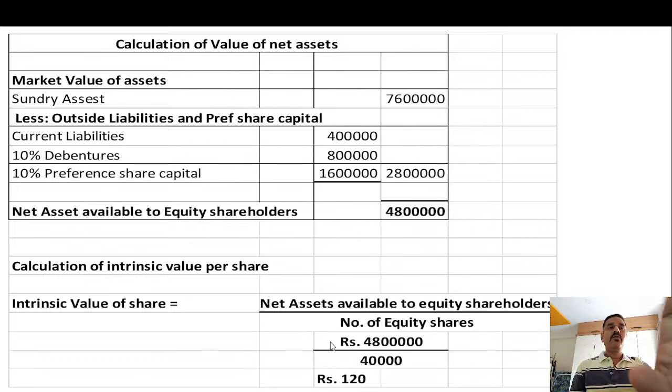In this, which things you have to cover as outside liability and which things as assets was explained in my other videos uploaded in my YouTube channel. If you want more explanation of how the net asset method is to be followed, that is there in my other videos.